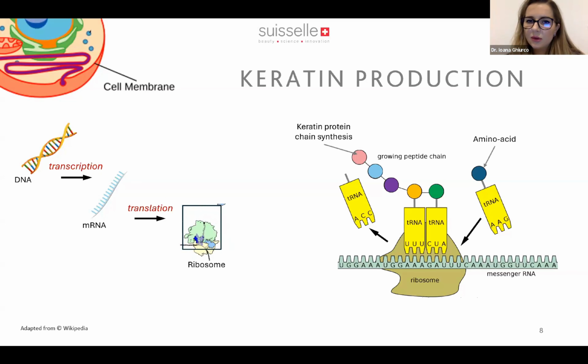Slowly the cells will lose their nuclei and all the components in the cytoplasm, resulting in dead keratinized cells that create the structure of the hair. The composition and organization of keratin determine the hair strength, the texture, and overall properties. Next slide, please.